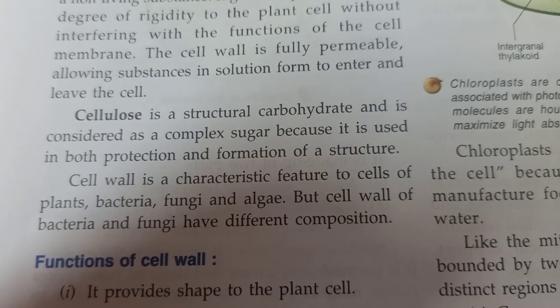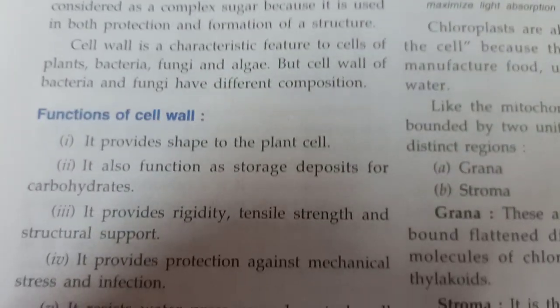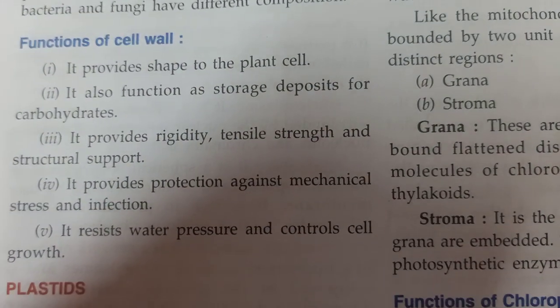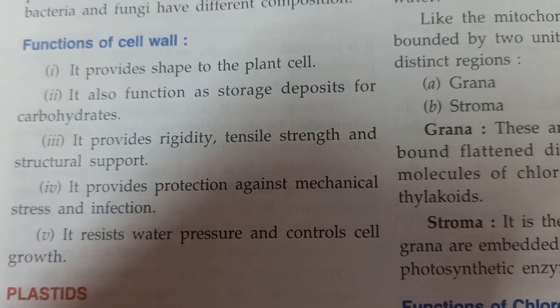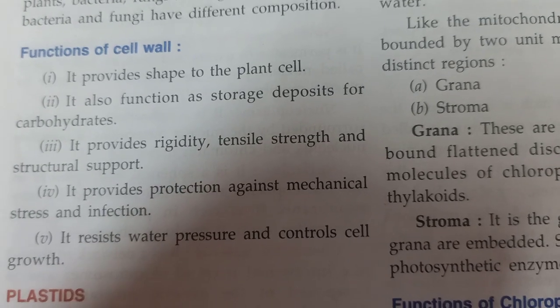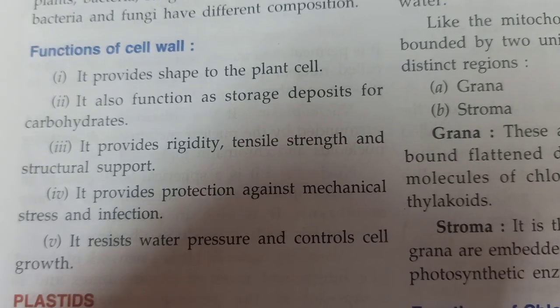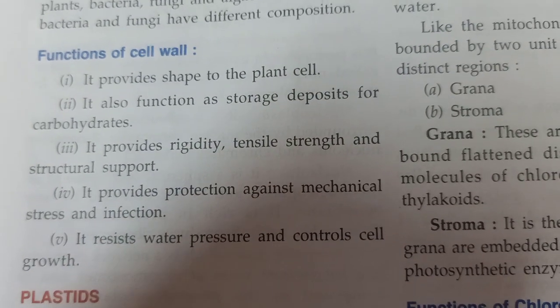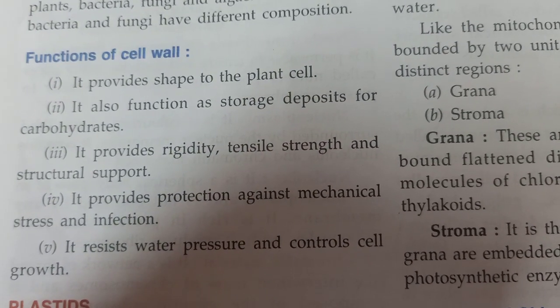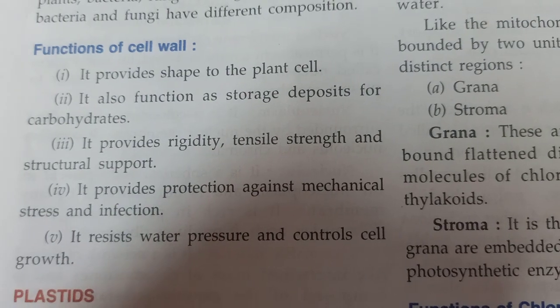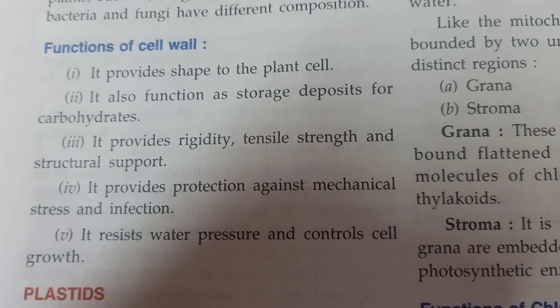Now we see a few functions of the cell wall. Number 1, it provides shape to the plant cell. Number 2, it also functions as a storage deposit for carbohydrates. Number 3, it provides rigidity, tensile strength and structural support.